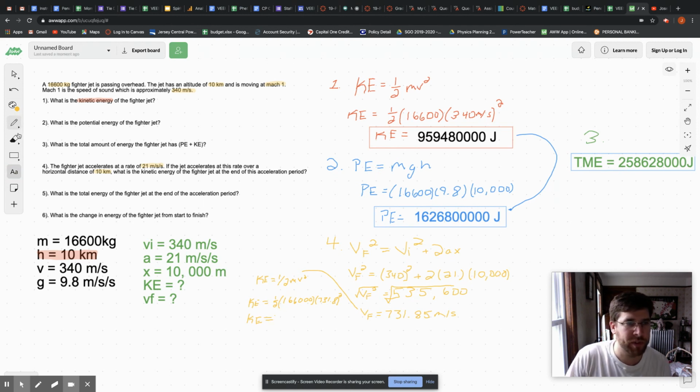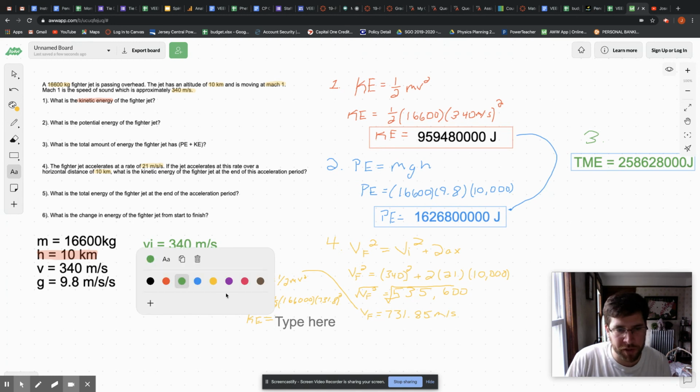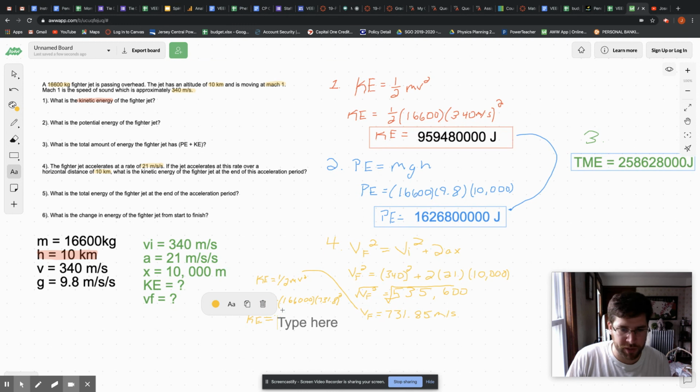Well, the fighter jet is going faster, so we know that the kinetic energy is going to get much bigger. So my kinetic energy looks like it is 4.45 e to the 10th joules. It's a relatively large number. All right, so that's number 4.